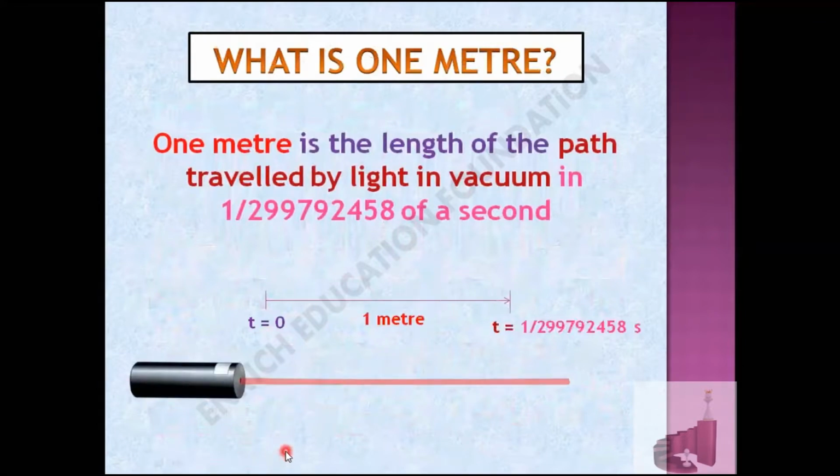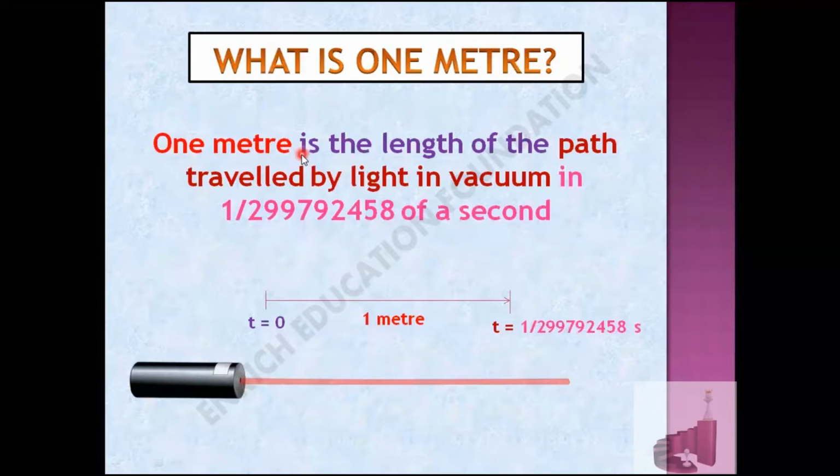Let us assume that a certain amount of light is emitted from a source, and from the time it starts to come out, that is at t equal to 0, till it reaches a time of 1 by 299,792,458 seconds, we note down the distance covered by the light. This experiment is conducted in vacuum. Now this distance is called 1 meter.